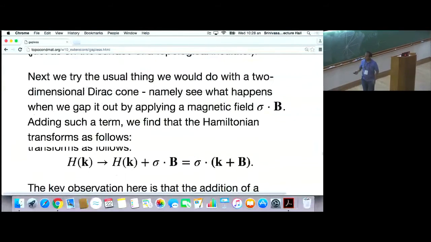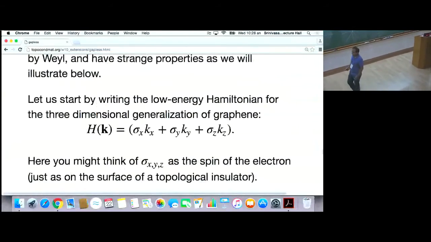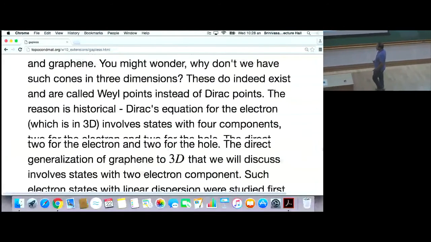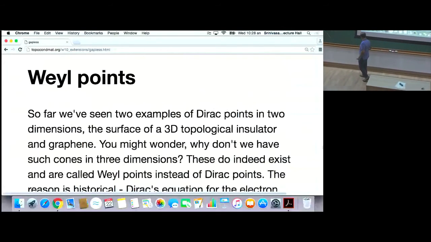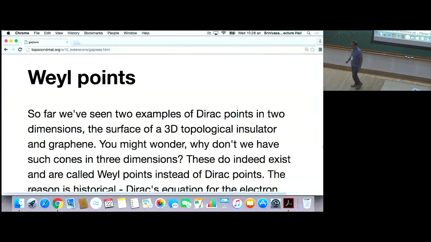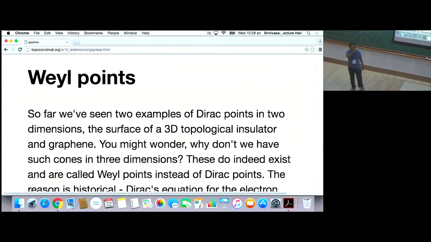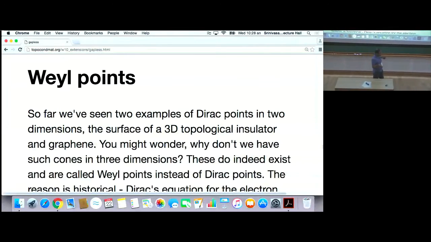So, Weyl points. The 3D topological insulator is a good way to jump into these so-called Weyl points or Weyl systems.